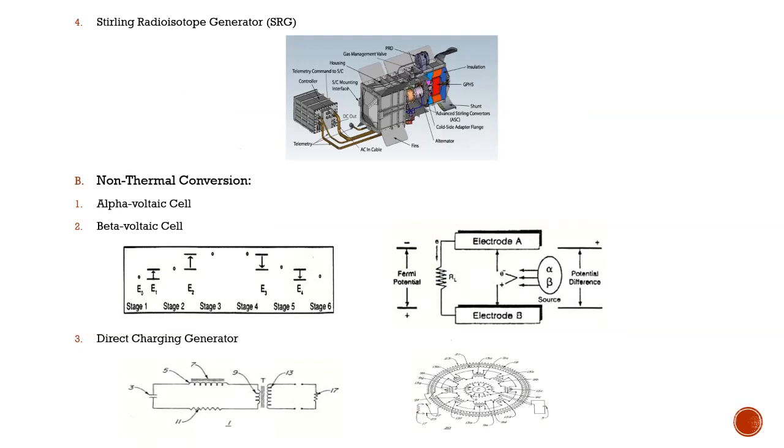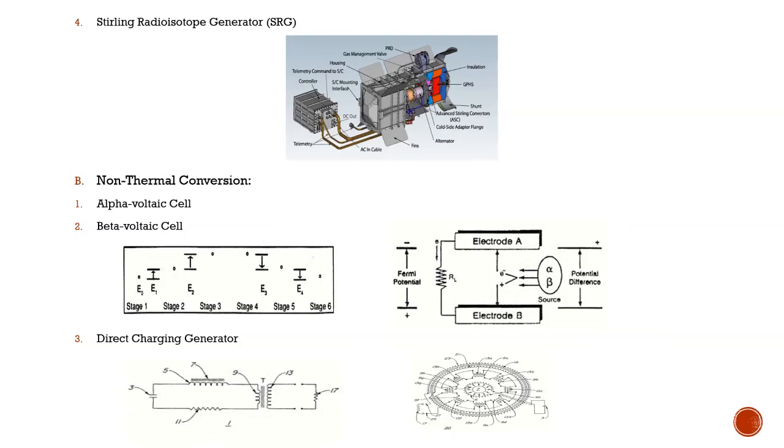What happens is there is a heater, and the hot end of the Stirling converter reaches a high temperature. There is helium inside that heater, so when it heats the helium, it drives the piston.